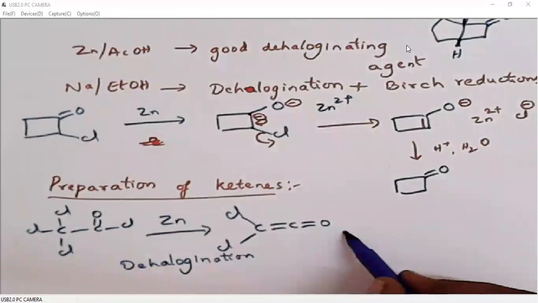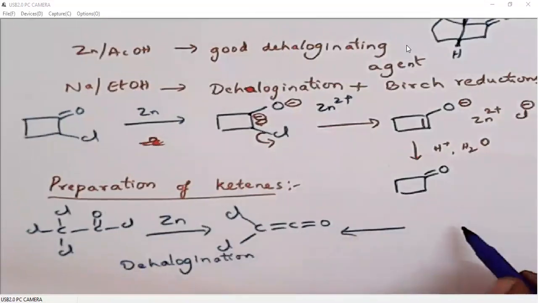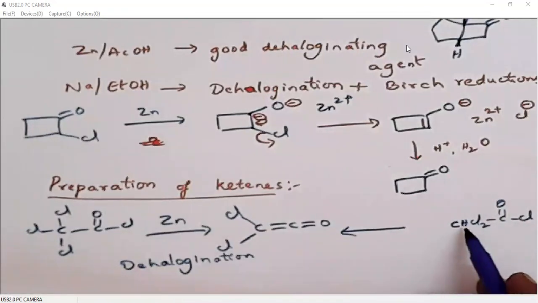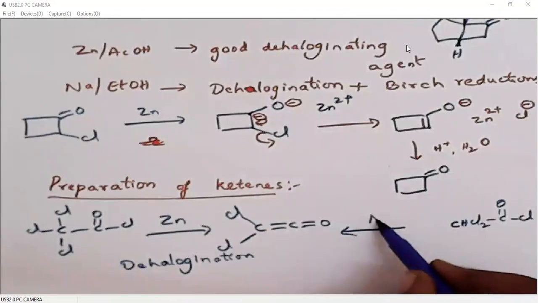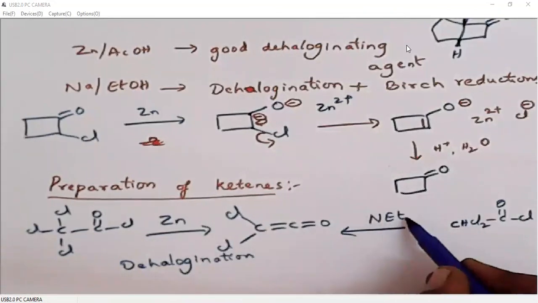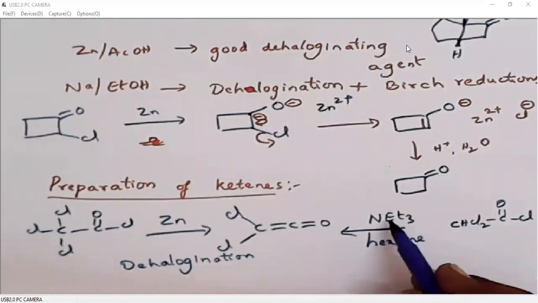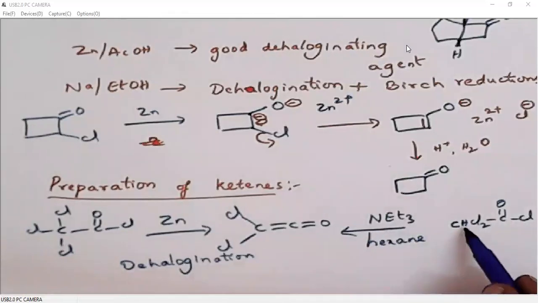Similarly, ketene can also be prepared from alpha-halo acid chlorides. But for this we need at least one hydrogen, and it is treated with a base. Triethylamine is a base which will pick up this proton because the alpha proton is always acidic.